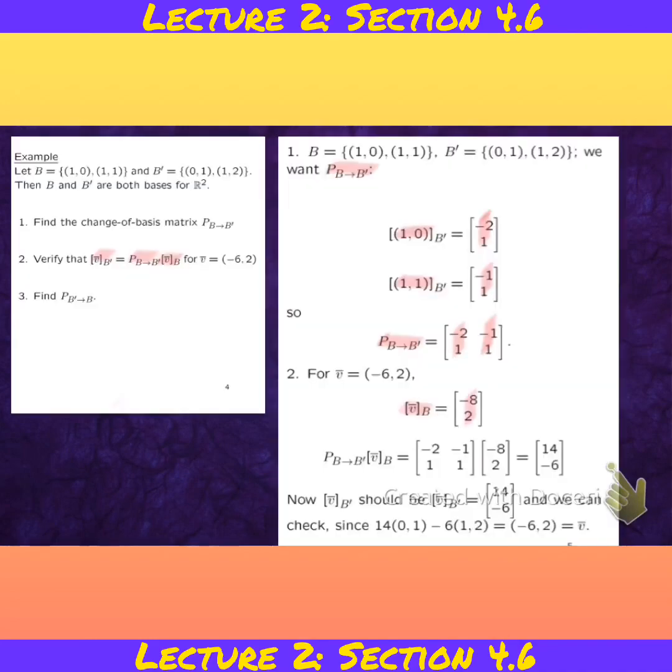Right, so there we've got our (-8, 2), and then plugging in everything, this we solved, that we solved, so that's that 2 by 2, multiplied by that 2 by 1, and we get (14, -6). To verify that that is in fact the case, let's work this out separately.